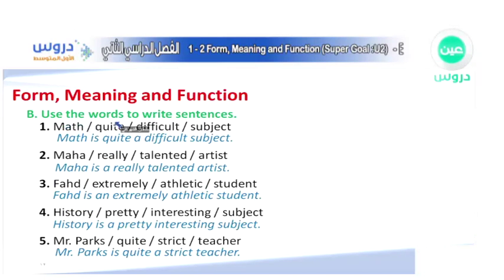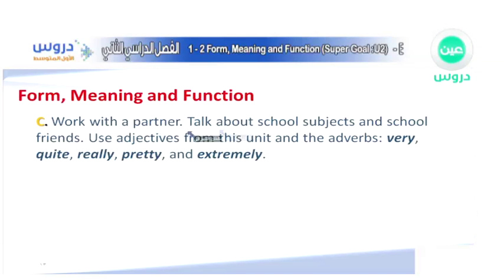So the last thing is B. Use the words to write sentences. Those are the same answers. Okay, C. Work with a partner. Talk about school subjects and school friends. Use adjectives from this unit and the adverbs very, quite, really, pretty, and extremely.